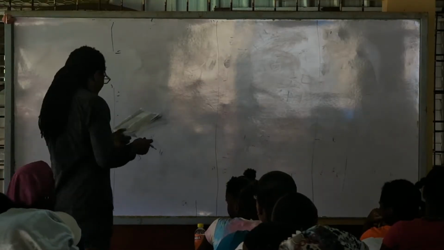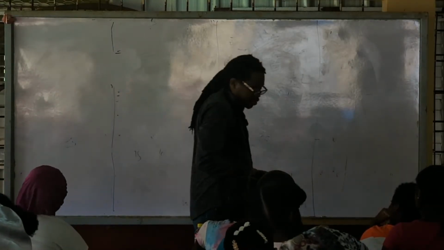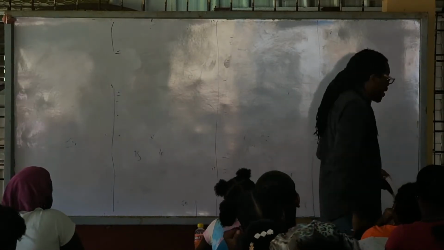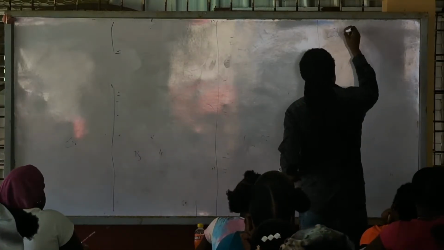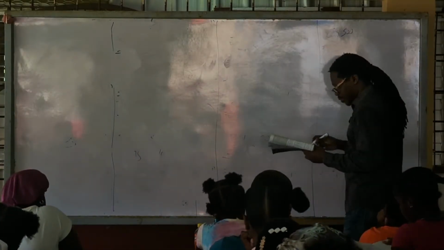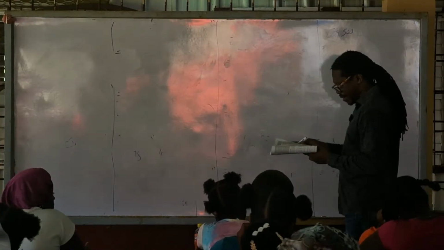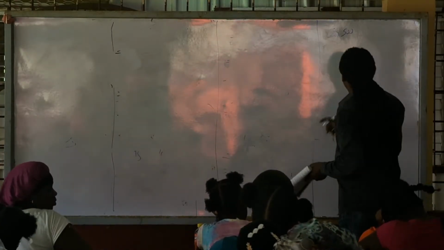Ready? A Canadian tourist changes 500 Canadian dollars. So we know that she has C dollars 500. And she's changing it into Barbados dollars at a rate of 0.67 equal to 1.